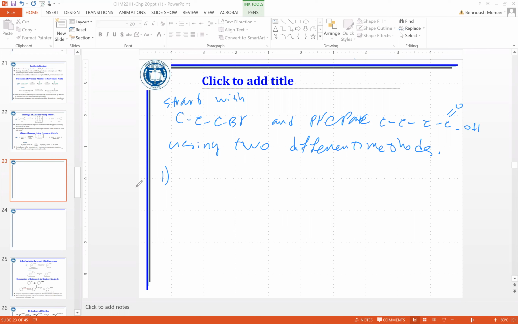You will get 1 extra point on the next exam if you give 2 correct formulas or 2 correct methods to prepare it. And no partial credit on that.